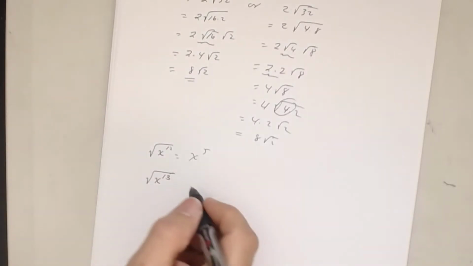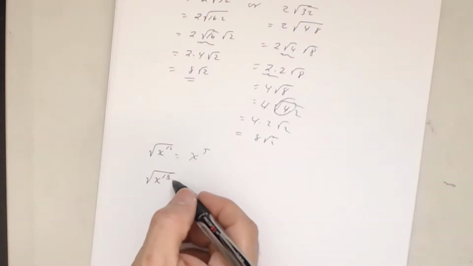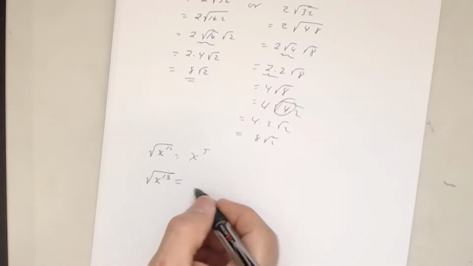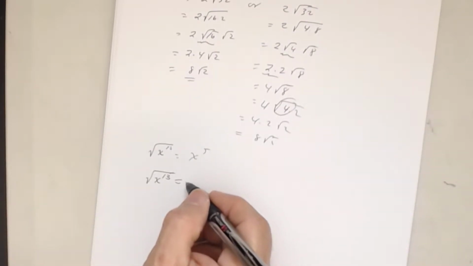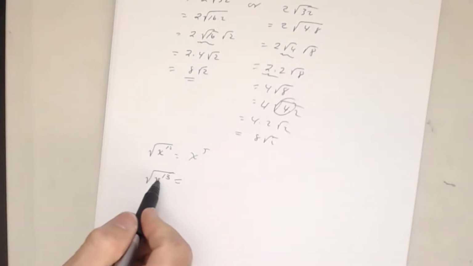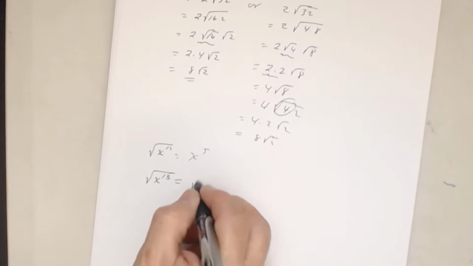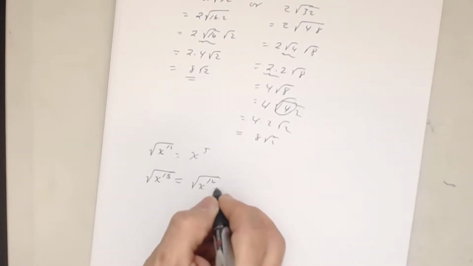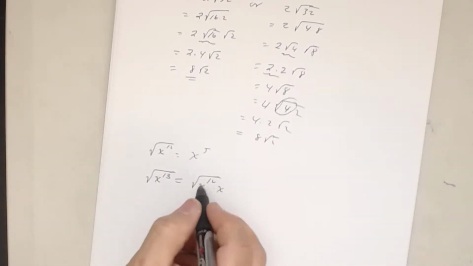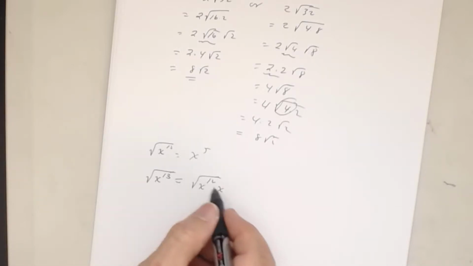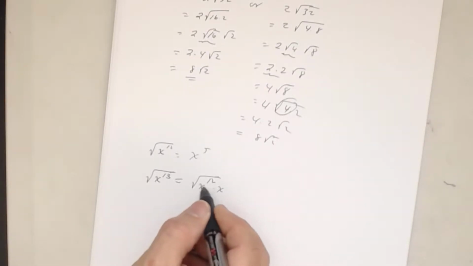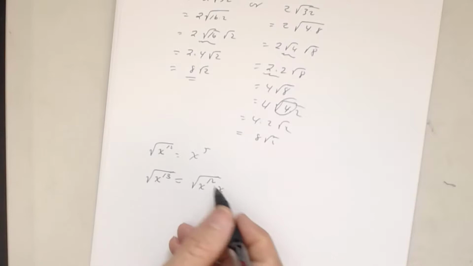So when we did the long way, the mathematical way, we said, well, what's the largest number less than 13 that 2 goes into? 12. So we wrote this as the square root of x to the 12 times x. Because remember, when you multiply like bases, you add the exponents. 12 plus 1 is 13.